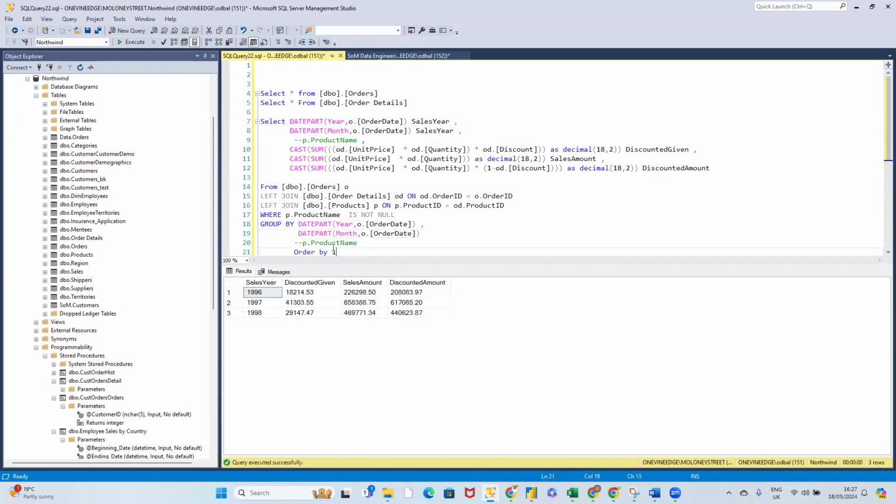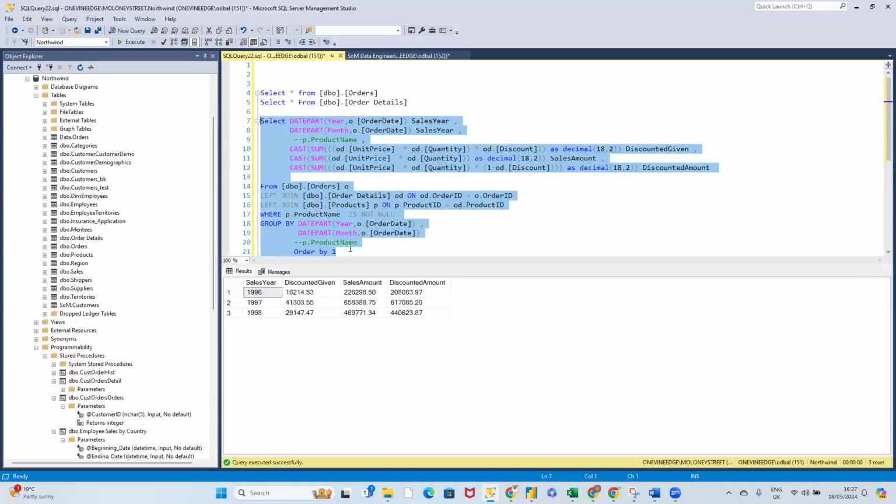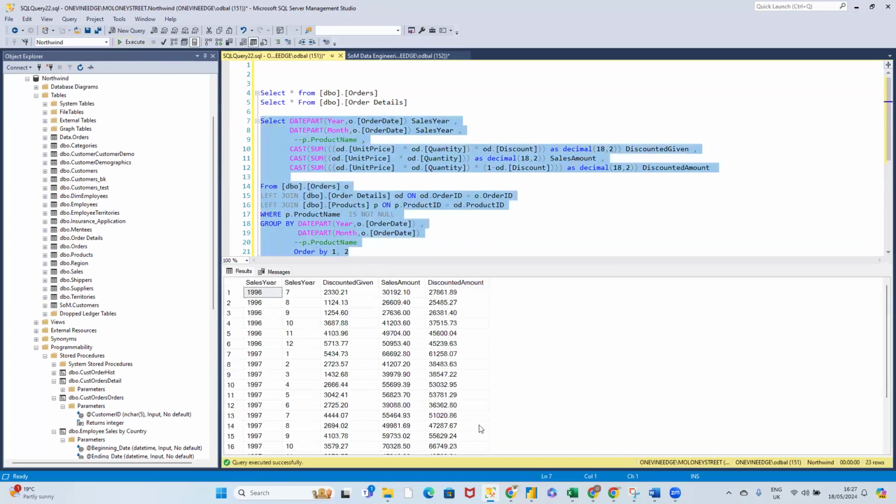Here I can say 1, 2, and then you can see. If I want to change the month name, I can change the month name as well.